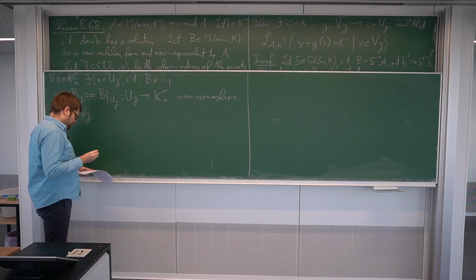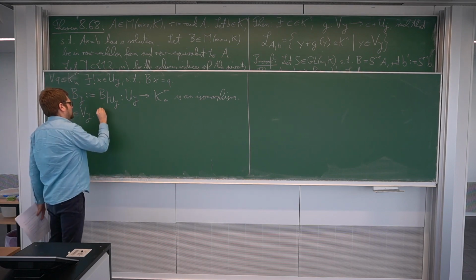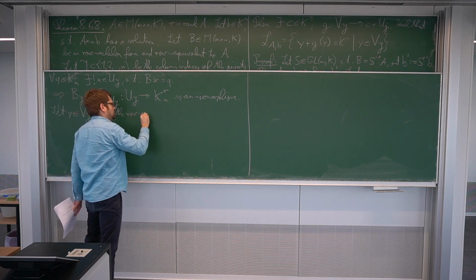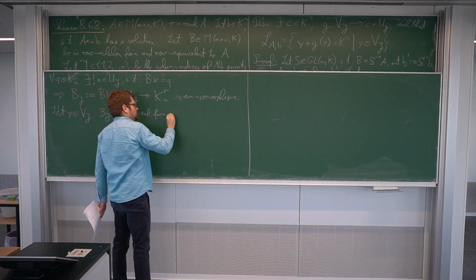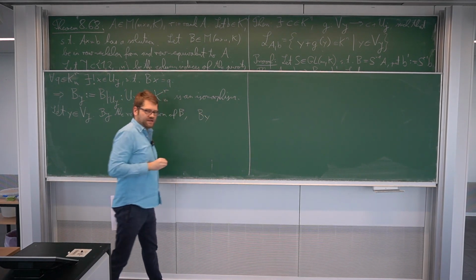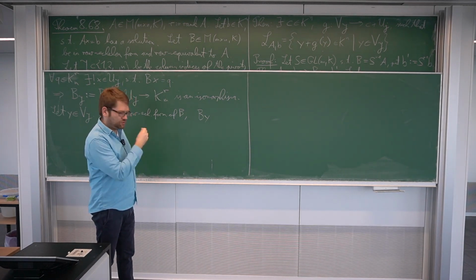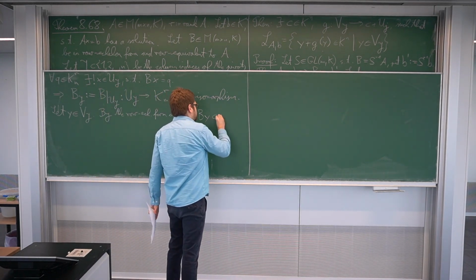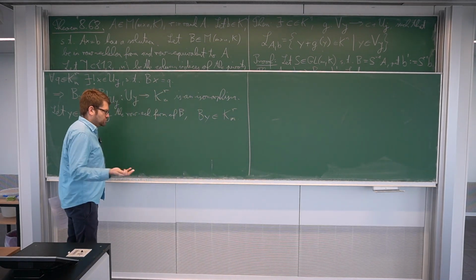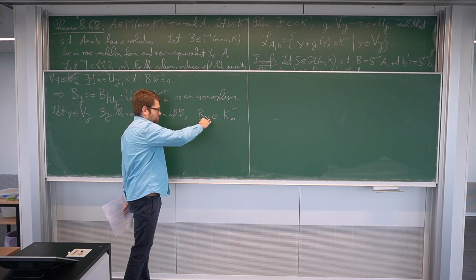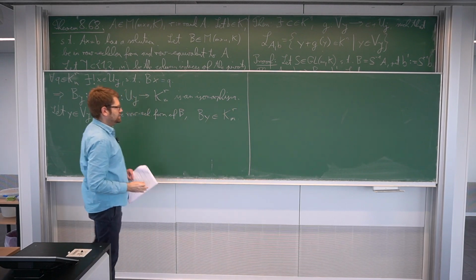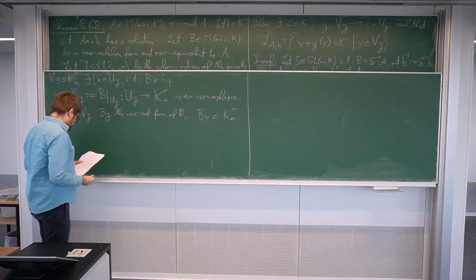Now, if we have y arbitrary here, then by the row echelon form of B, we know that if we take By, so we insert y into our map induced by B, this always has to be in Krm. This is clear because all the rows from the R plus first one on are vanishing inside this matrix, so this always needs to hold true.